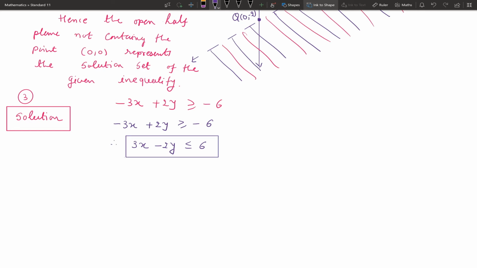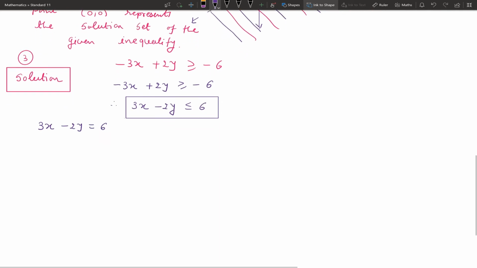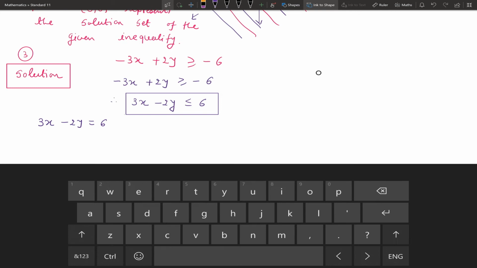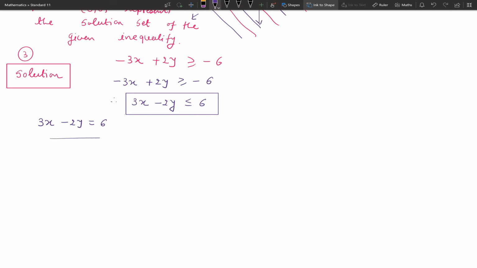Now as usual, we remove the inequality and take equality: 3x minus 2y equal to 6. Now this is a linear equation in two variables, so as usual it will represent a straight line.